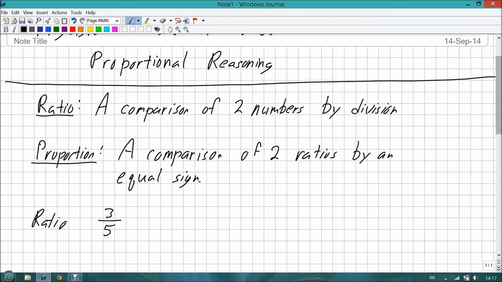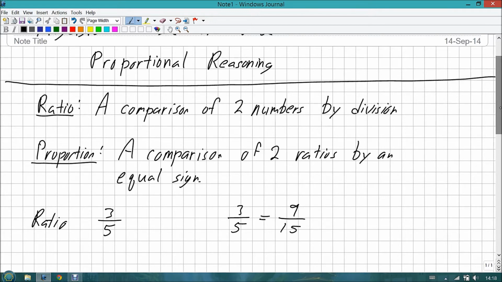And then a proportion takes the ratio and compares it to another ratio. So a proportion would be 3 over 5 is equal to 9 over 15. 3 red cars for every 5 green cars is equal to 9 red cars for every 15 green cars.